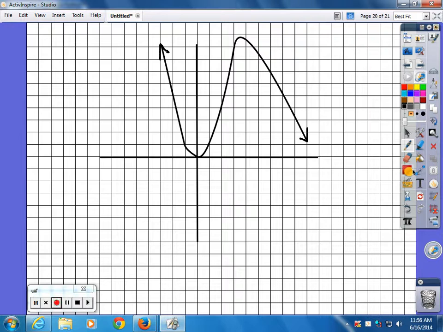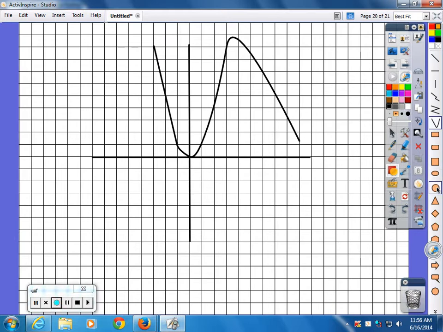So, let's change it a little bit. When the arrows are on the line, the domain will always be all real numbers. Not always. I'm going to show you an example here in a minute where it's not. The range won't always be all real numbers. Just bear with me. I'm human.